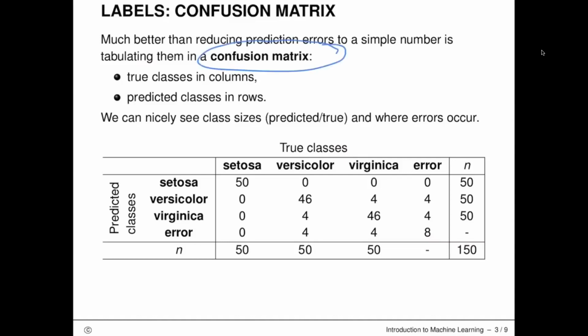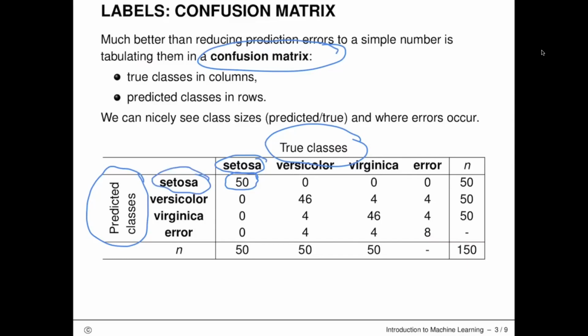So here you see a confusion matrix, and I will tell you how this is constructed. The true classes are in the columns, and the predicted classes are in the rows. And then we just put the absolute numbers in the cells of that matrix. So for example, this 50 here means that we had 50 setosa, which were predicted correctly as setosa.